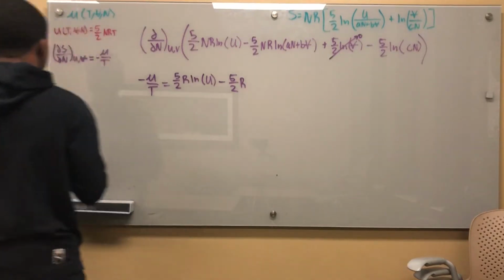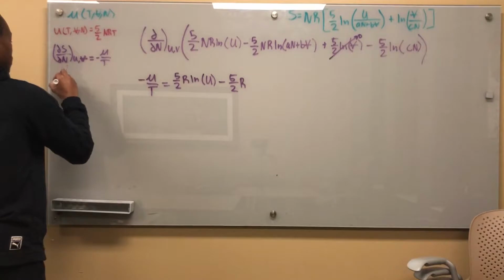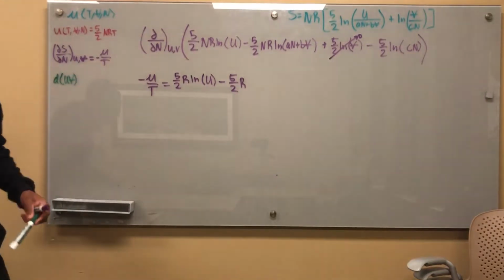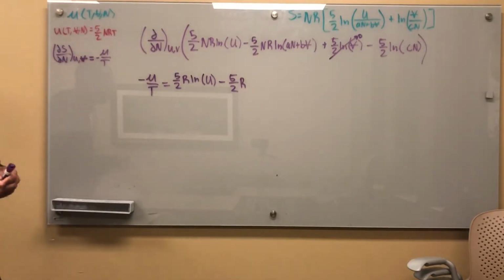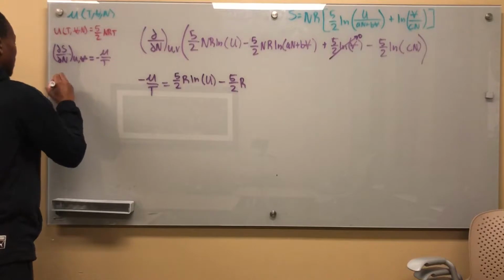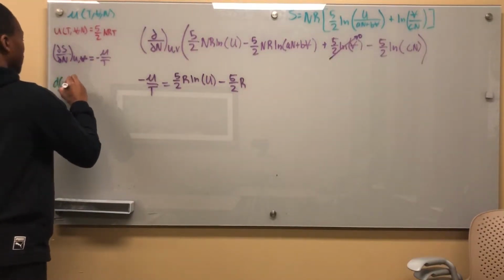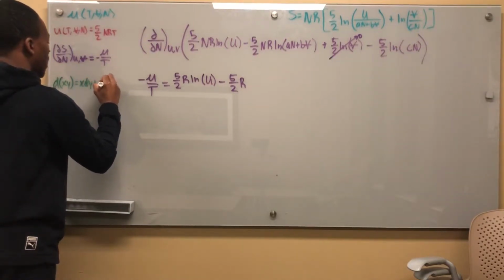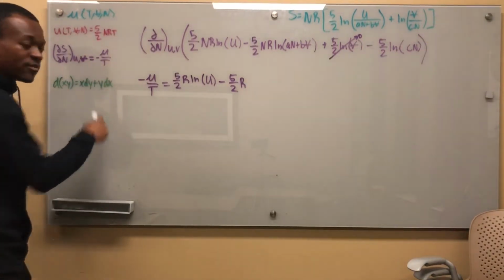Product rule says x dy plus y dx, okay? Basically just the first term times the derivative of the second, plus the second term times the derivative of the first.